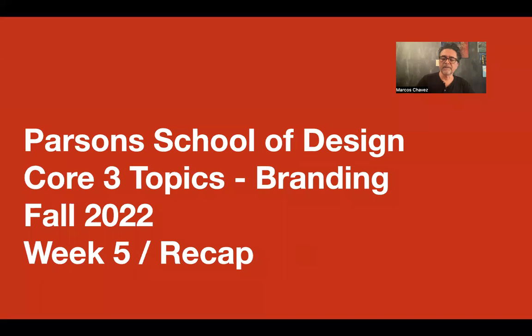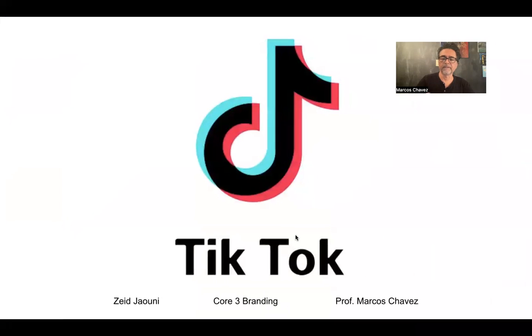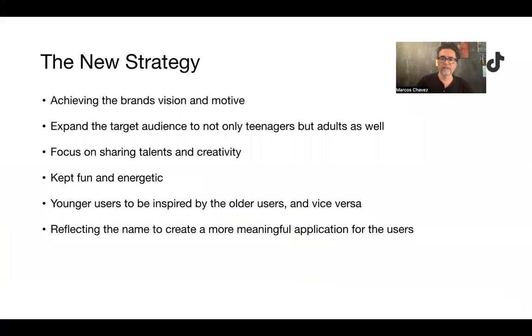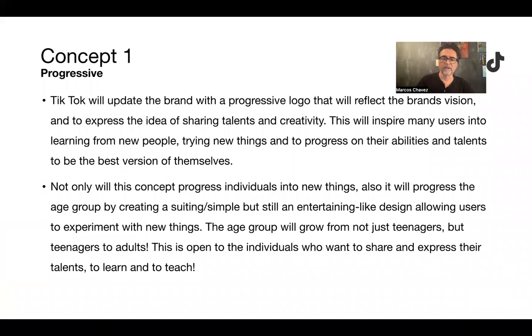Okay. So I just want to take you through another example of what this assignment is from a past student's work. And this is a rebrand of TikTok. And again, I want you to continue to keep the strategy that you've written out and each of your concepts. If you need to, maybe rethink the name if it's different now that you've worked on it.